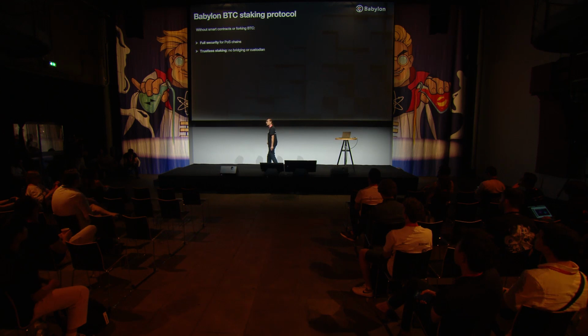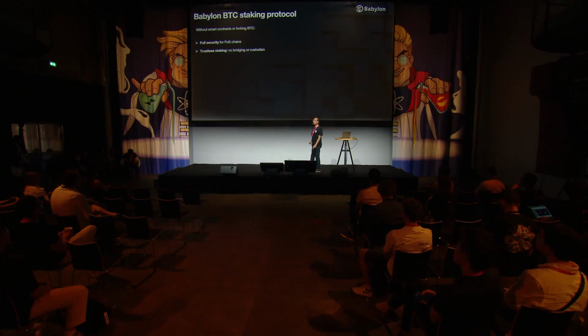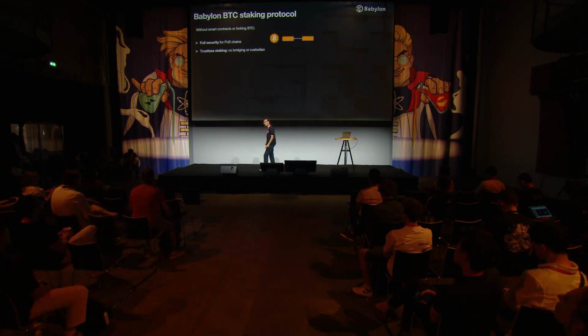Without any forking of the Bitcoin chain, in other words, no smart contract, we can provide full slashable security to the proof-of-stake chain, as well as what we call trustless staking for the Bitcoin holders, which means no bridging or centralized custodial service. So everything is self-custodial. The Bitcoin never leaves the control of the staker. All right, so let's see how this is done. We have our Bitcoin chain here in orange.